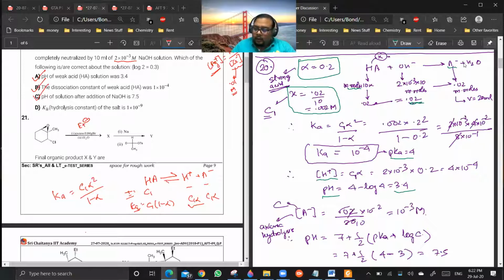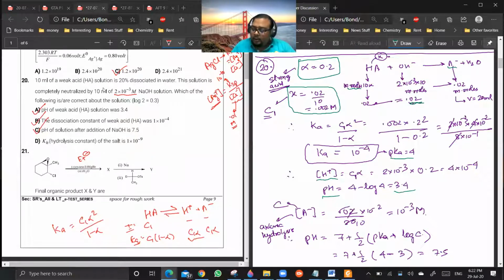And the total volume will be 10 plus 10, because you are using 10 ml of HA and 10 ml of OH minus. So total volume is 20 ml. What is the concentration of A minus? It will be 0.02 millimoles by volume 20, so it will be 10 power minus 3 molar. Getting it?